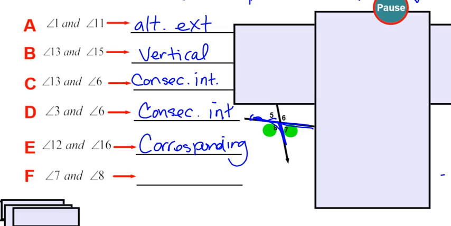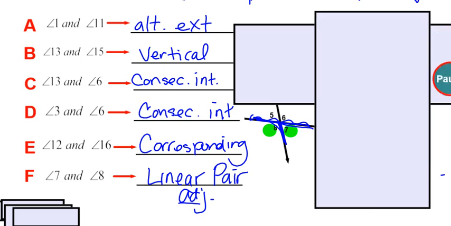In fact, they simply make that straight line. Those are what we call a linear pair of angles. They are also adjacent angles. All right, what I would like you to do is pause your video and jump ahead to page 2, and then I'll catch you up in the next video. See if you need any more help.